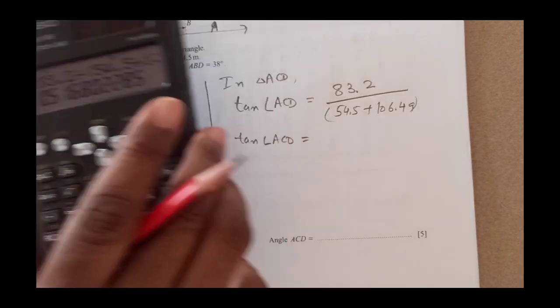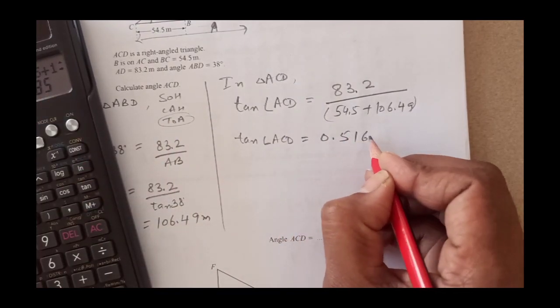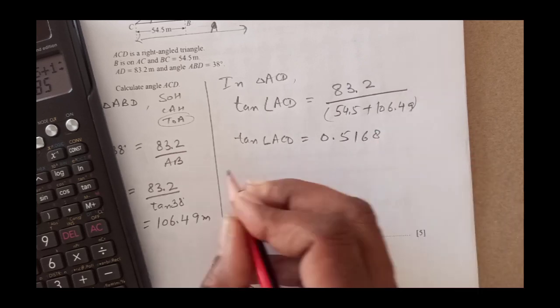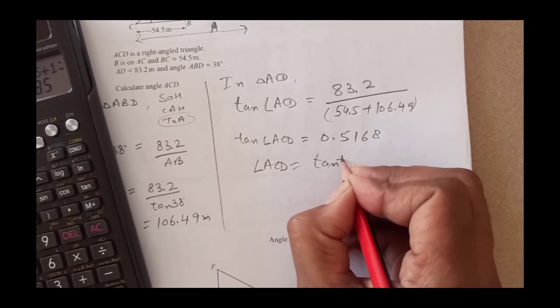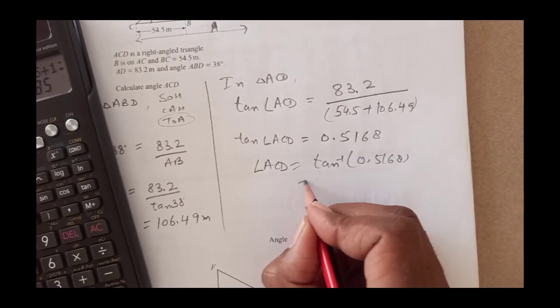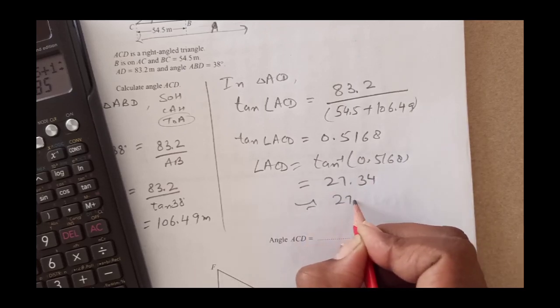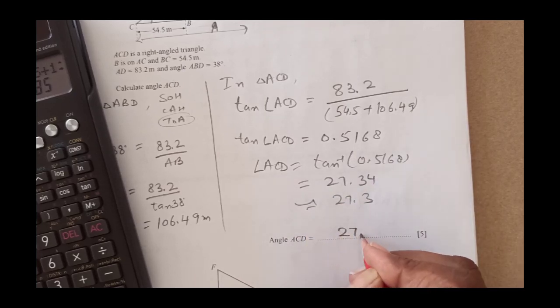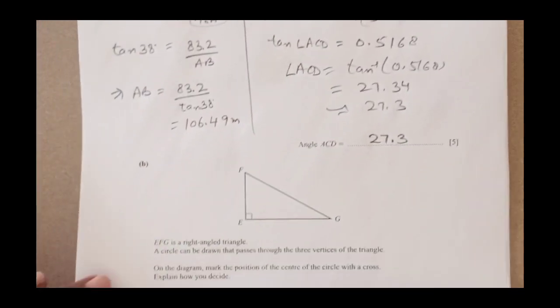So this is 0.5168. So angle ACD, we are going to take tan inverse of 0.5168, that is 27.34, approximately 27.3. So the final answer is 27.3.